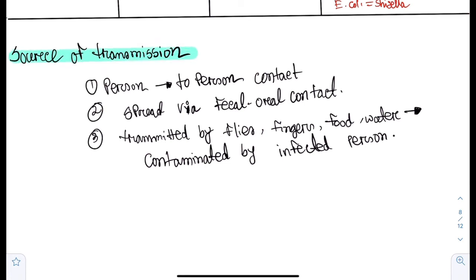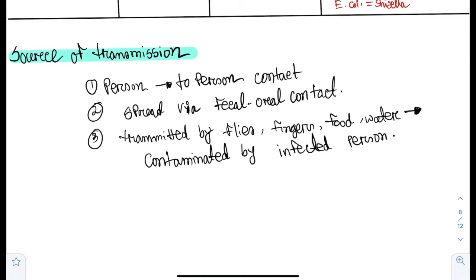And there is the source of transmission. First of all, it spreads by person-to-person contact. So if a person is infected and does not know, then there is a huge possibility that that person will be infecting other people as well.